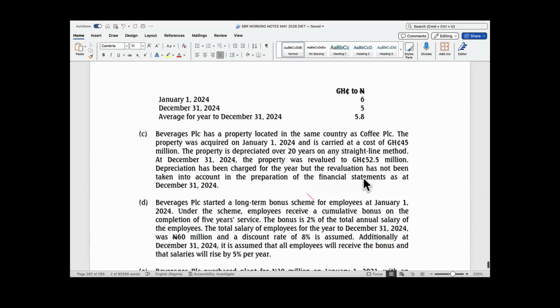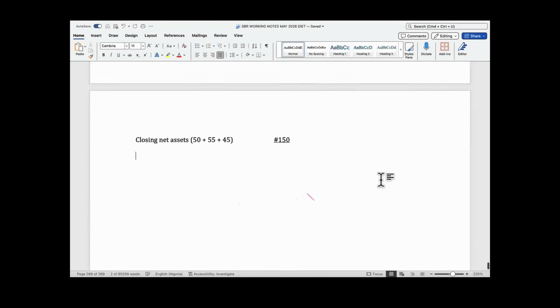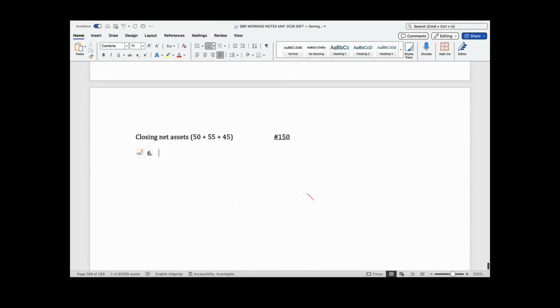So let me quickly do those two, right? So they bought it at 45 Ghana cedis. Property, that's working 6.